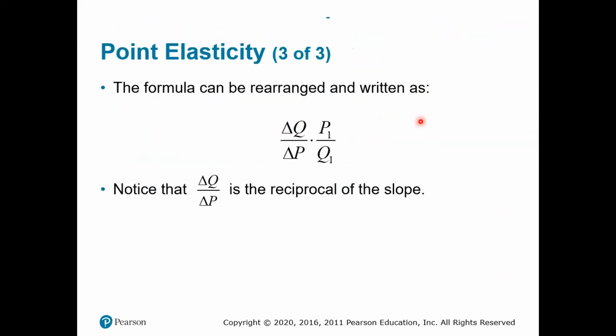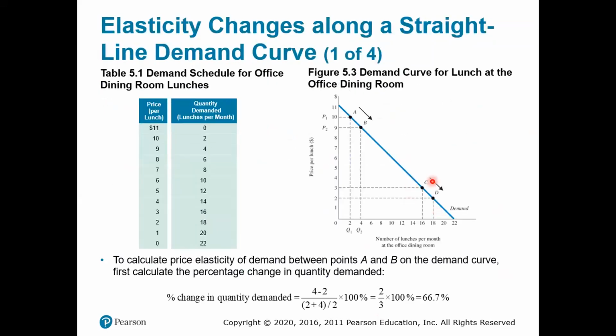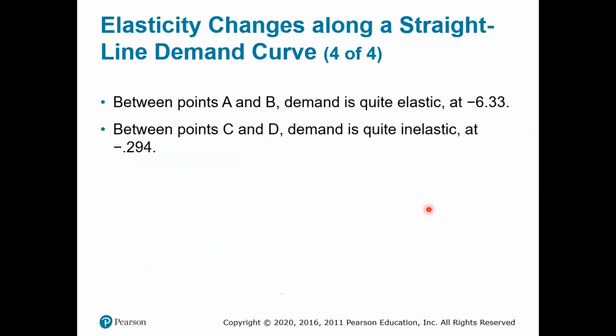Now, if you come back here and do the same equation for C and D and do the math again, you'll notice it's inelastic, negative 0.294. So notice something interesting. The slope along that line, it was a straight line, is going to be a constant number. But the elasticity is actually changing at all points along the line. That means the effectiveness of different changes are going to be different at all points along the line.